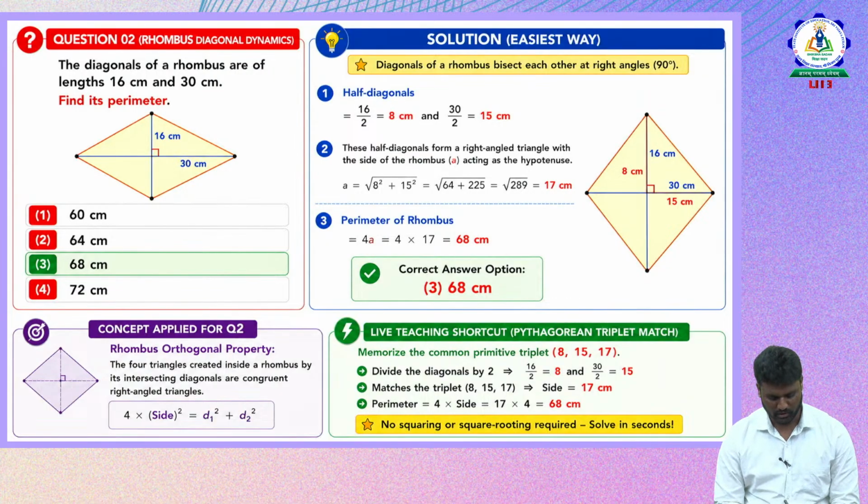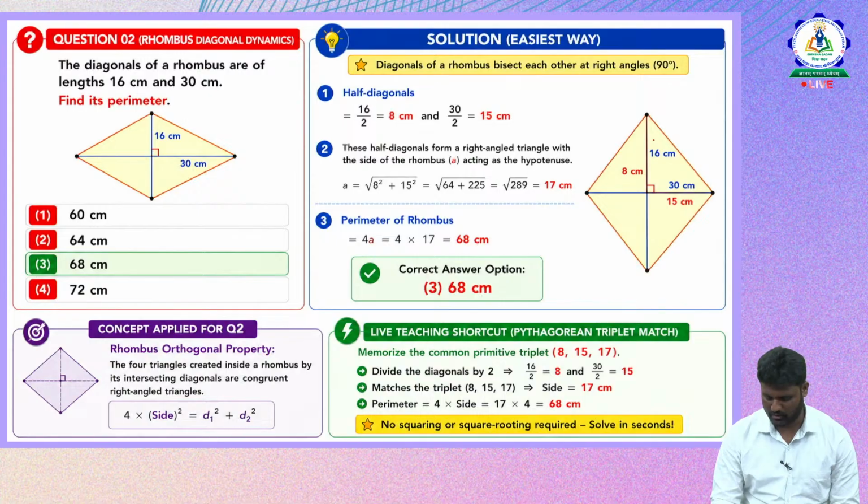What are the given diagonals? D1 is equal to 16 centimeters and D2 is equal to 30 centimeters. Let us make them into half diagonals. When you halve them, 16 by 2 is 8 centimeters. Why half?